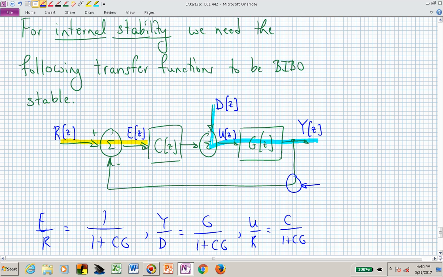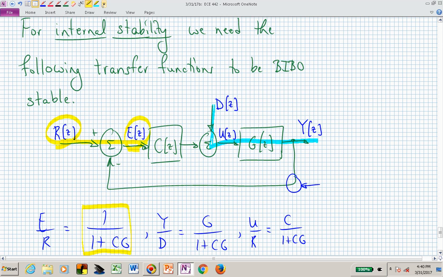We want the transfer function between the reference input R and the error signal E, and that's not just a unity. We actually can see that that particular transfer function is 1 over 1 plus CG. So we need that this system transfer function needs to be bounded input, bounded output stable.